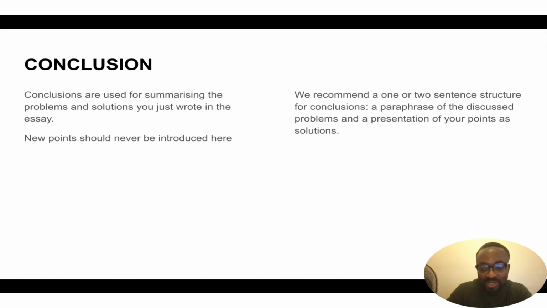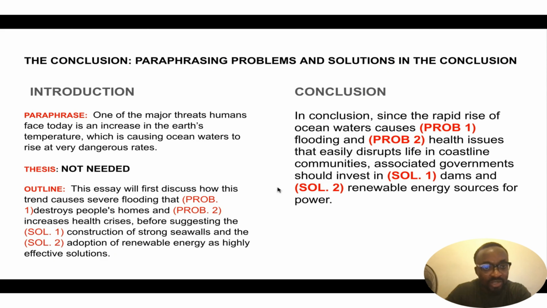So let's see how we did that here. So on the left, we have the introduction, and on the right, we have the conclusion. I brought over the introduction because the conclusion is going to be based off of what we wrote in the outline statement, which contains both problems and solutions that we gave.